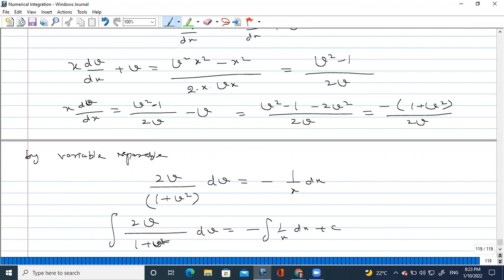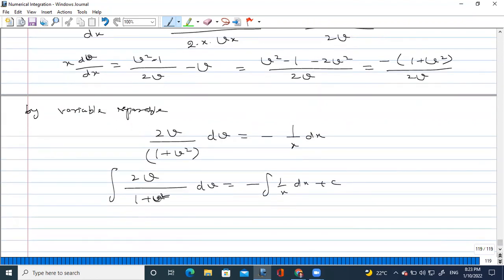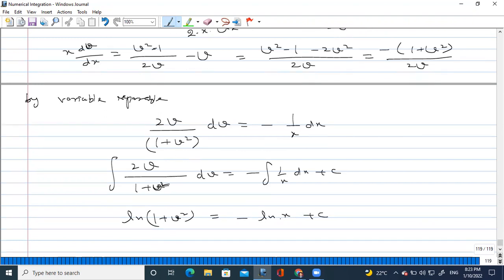Just I am integrating it. Integration of this: because if you differentiate the denominator and that is available here, then simply it is ln of denominator, will be equal to minus of ln of x plus c. But I told you if the answer is in ln, the constant also you can take in terms of ln.